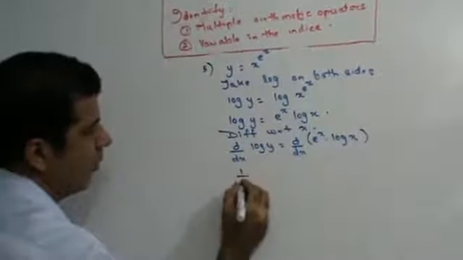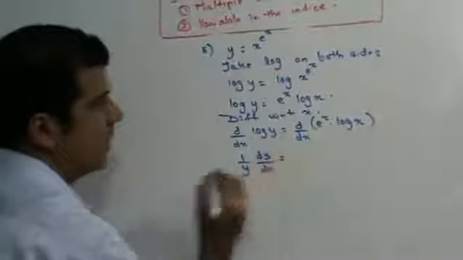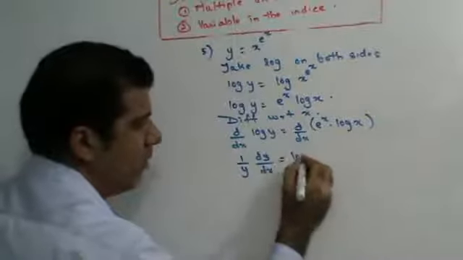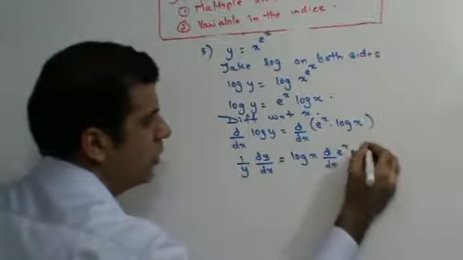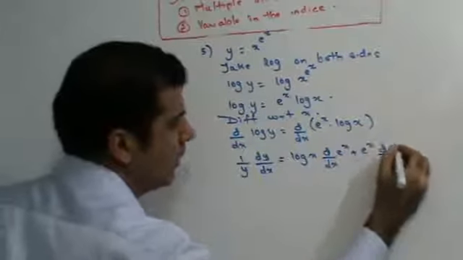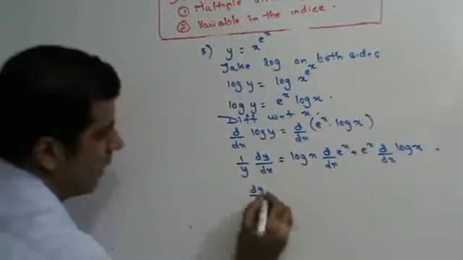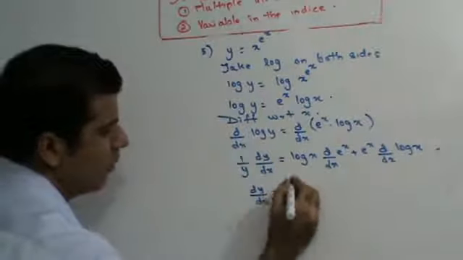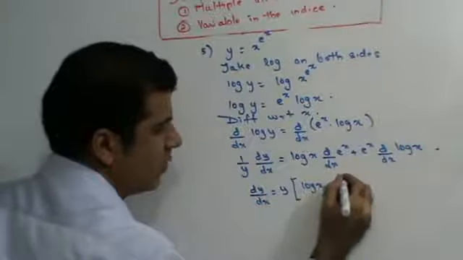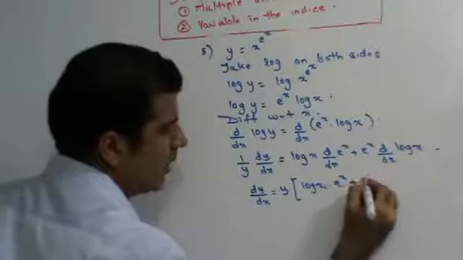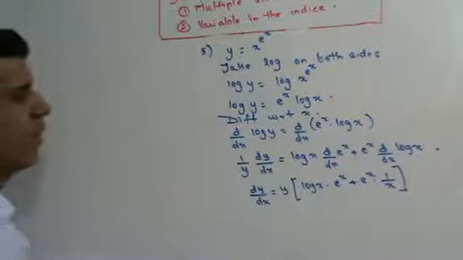D by dx of log y is 1 upon y dy by dx is equal to uv formula, v derivative of u plus u derivative of v. Take y on the other side, so you will get dy by dx is equal to y goes on the other side, log x, d by dx of e raised to x is e raised to x, plus e raised to x, d by dx of log x is 1 upon x.